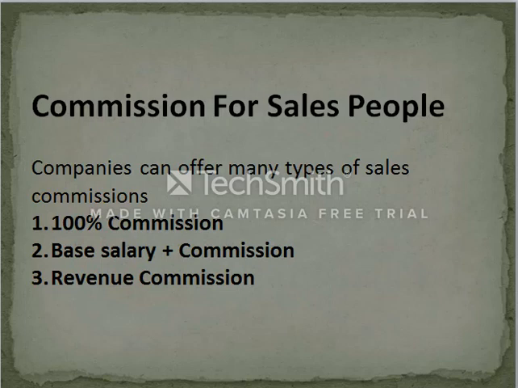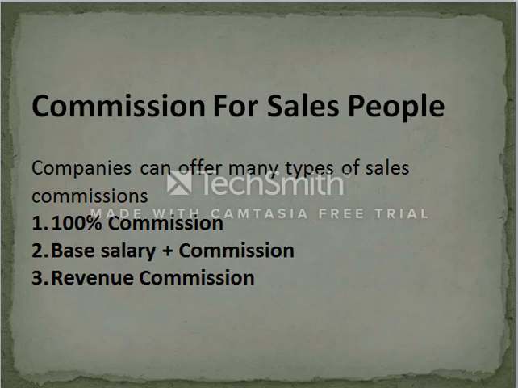Revenue commission is again one of the very important types of commission, where the employee will get the base salary from the organization plus, on whatever revenue the organization earns through them, they will get a proportionate percentage share as a commission.